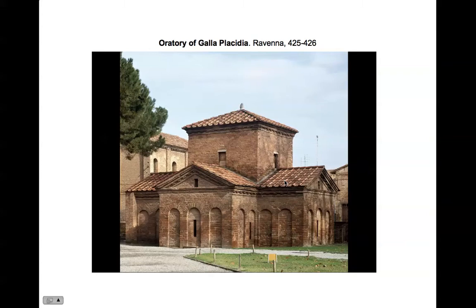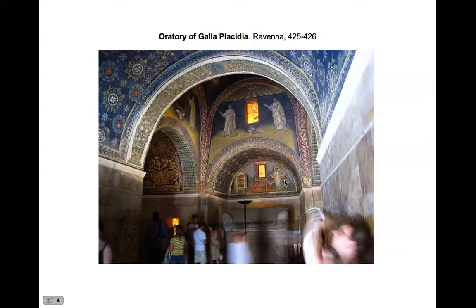The Oratory of Galla Placidia is a small chapel attached to a bigger church in Ravenna. And as you can see, the exterior is fairly plain. But here's the inside, the contrast between the plain exterior and the interior with its elaborate mosaics and designs and narrative imagery creates a transition.